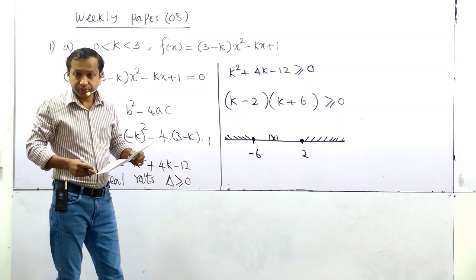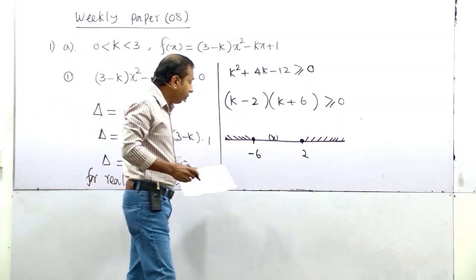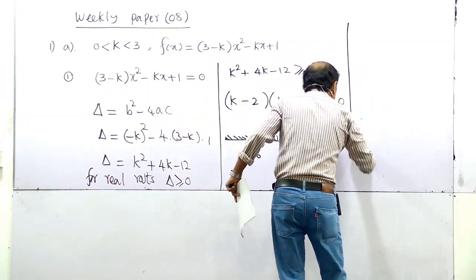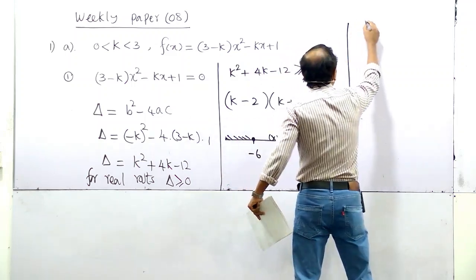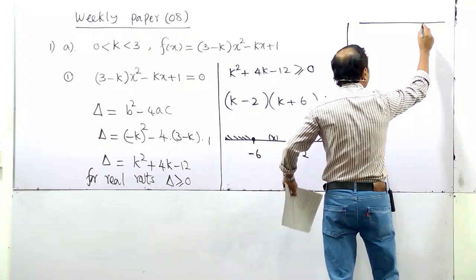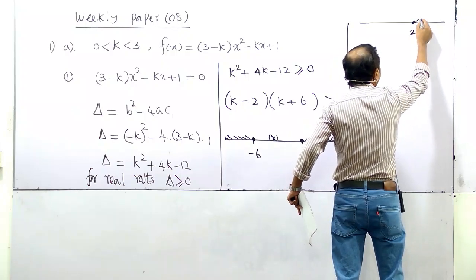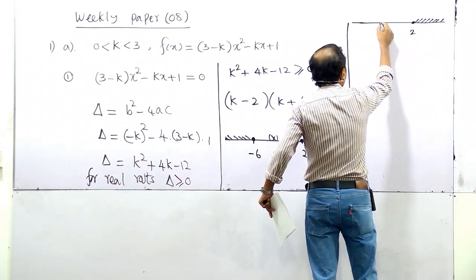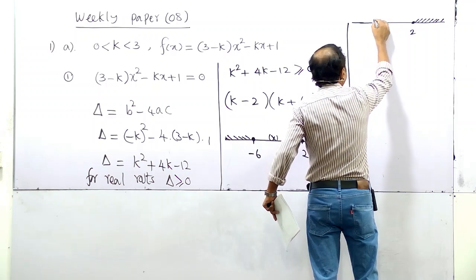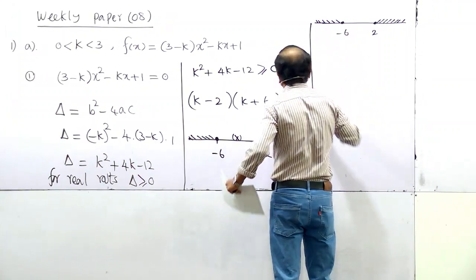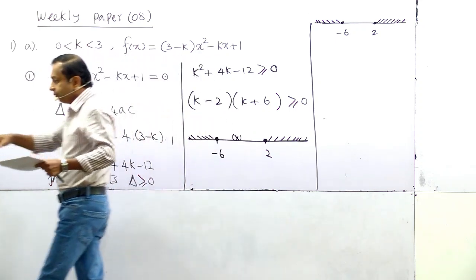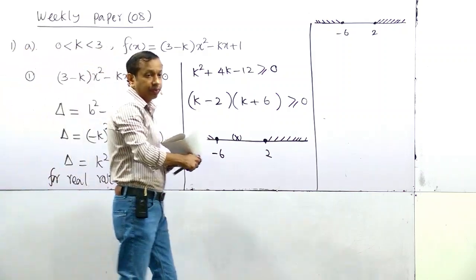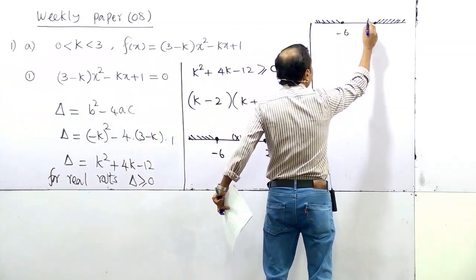Common range. Okay, right. So when I mark in a separate diagram, this and that both, you can see here 2 or more, and here minus 6 or less, like this. Now I am going to mark that k is between 0 and 3.